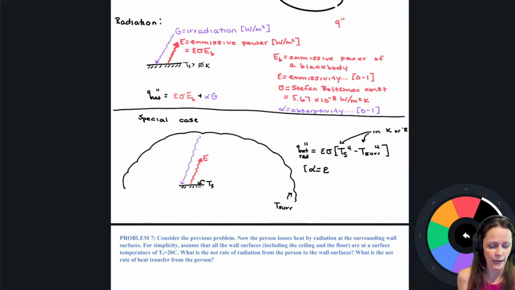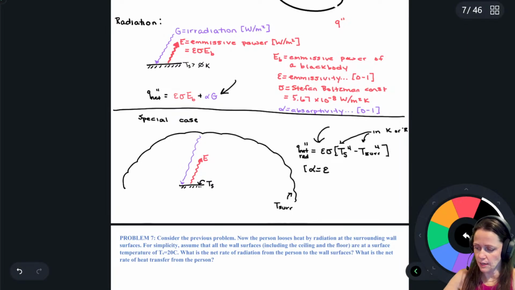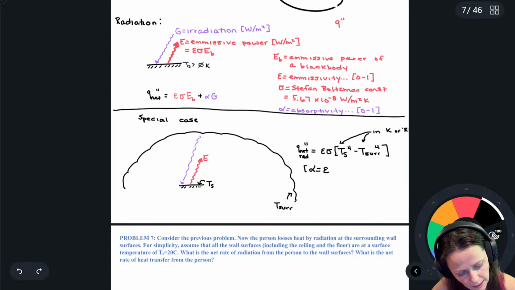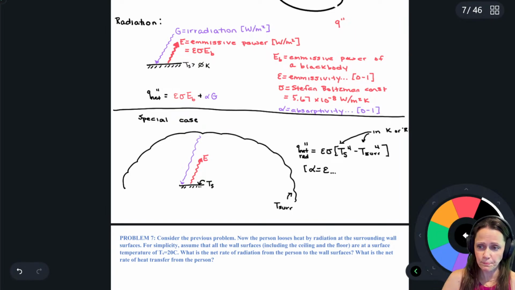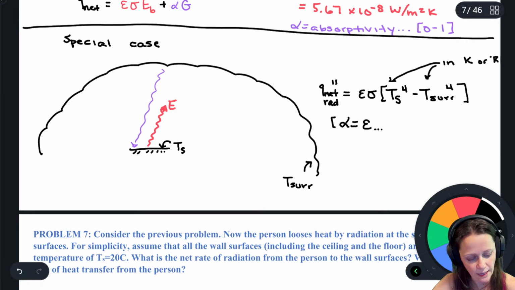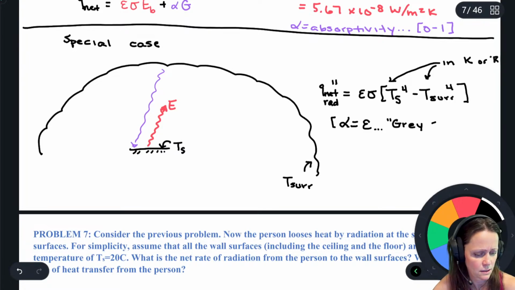If you look at this equation and this equation, they look really similar. It's by making this assumption that the absorptivity and the emissivity are the same. And by doing this, what we're saying is that this is something called a gray surface, G-R-E-Y.